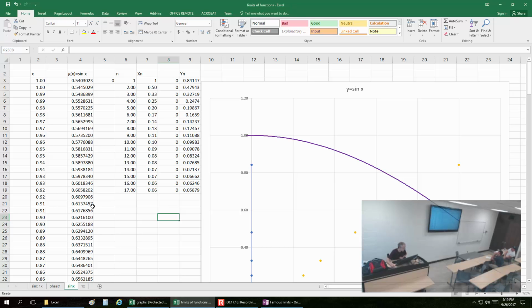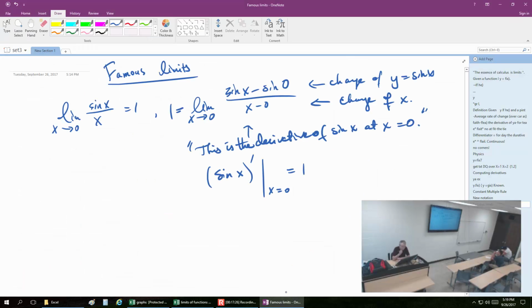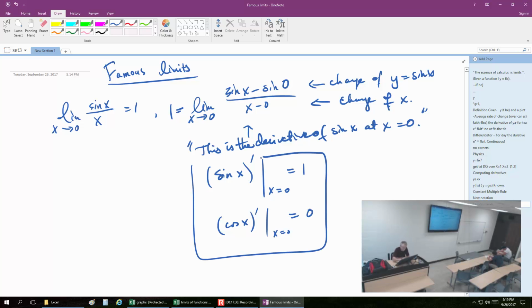Okay, so the derivative of cosine at 0 is equal to 0. So I state that the second famous limit is cosine x prime, the derivative at x equals 0, is equal to 0. Okay, so these are the two main trig limits that will produce everything that we need.